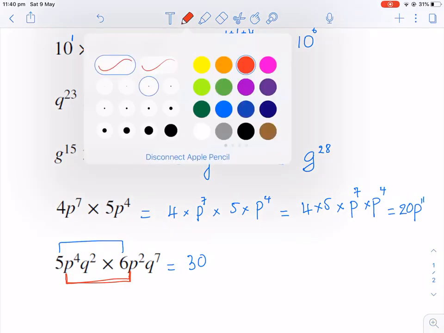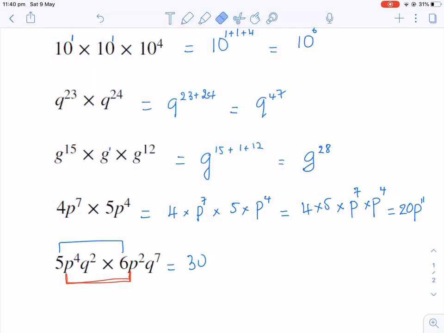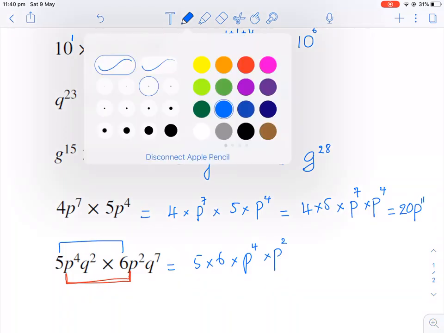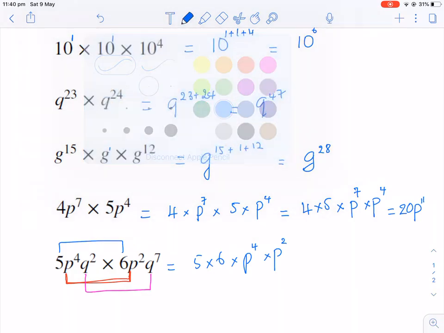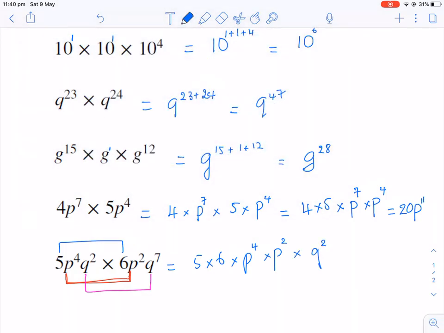So I'll just write that down: 5 times 6 and then times P to the power 4 times P to the power 2. And then another pair is Q squared and Q to the power 7. Write that down. So times Q squared times Q to the power 7.